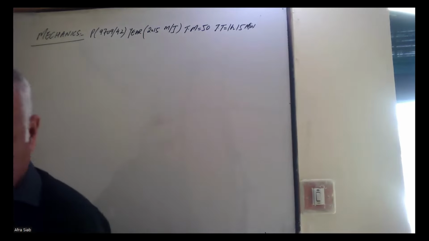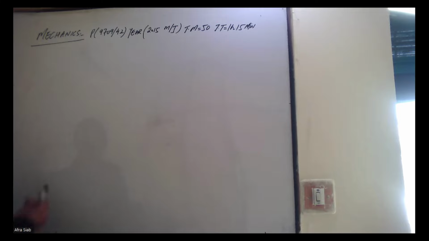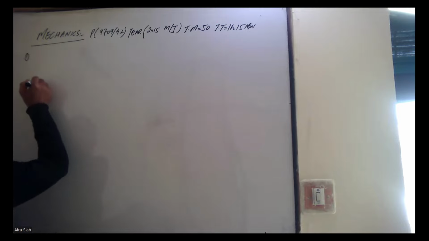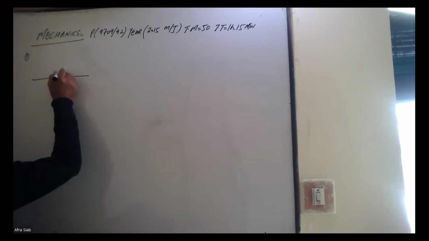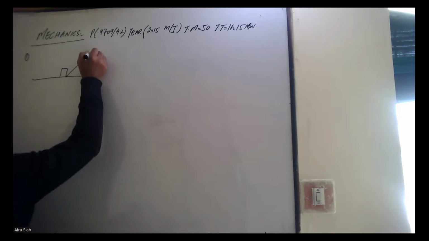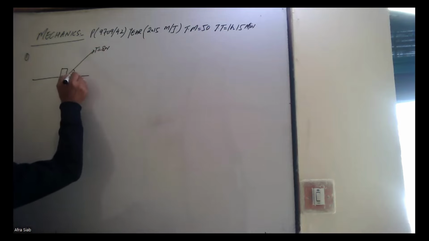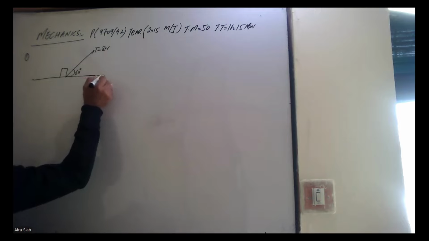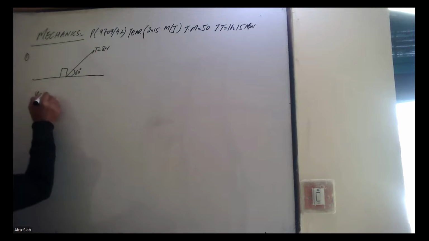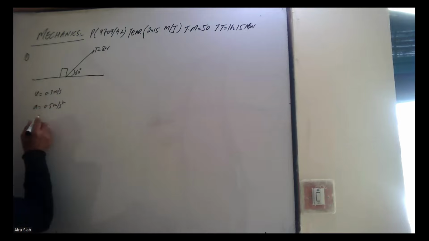Since the block is on the horizontal floor and it is being pulled with a tension of 8 Newton, making an angle of 60 degrees with the horizontal, with the initial speed of 0.3 meters per second and an acceleration of 0.5 meters per second square.